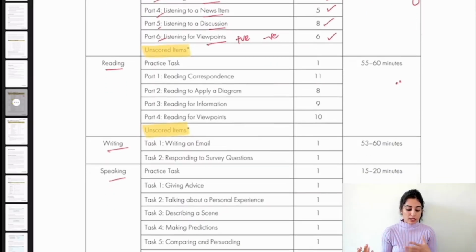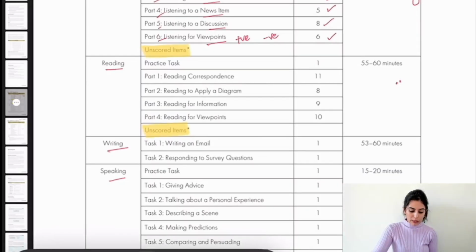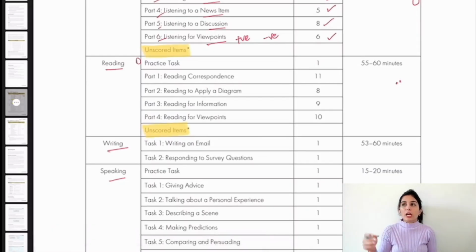The reading test, again, you start with the practice task wherein you check whether or not the screen is scrolling, you're able to read through the passages, you check the MCQ thing, whether you're able to click on the MCQ options, and so on.